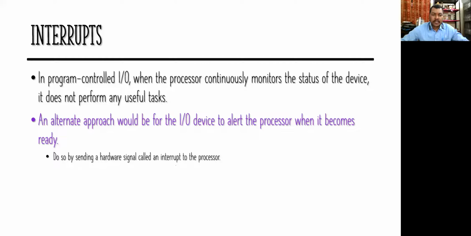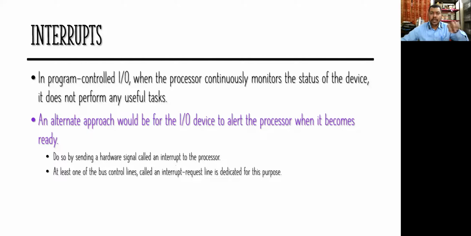This can be done by the input output device sending a hardware signal called an interrupt to the processor, right? They will call me, which will interrupt whatever I'm doing. So the processor is doing some program, and in between that program there is some interrupt, right? That particular signal is called an interrupt.